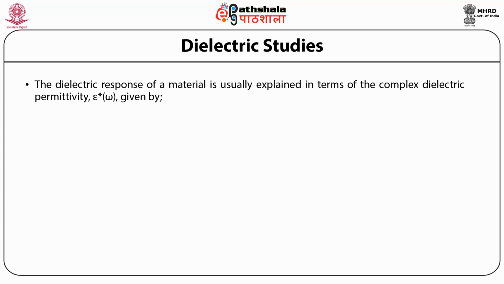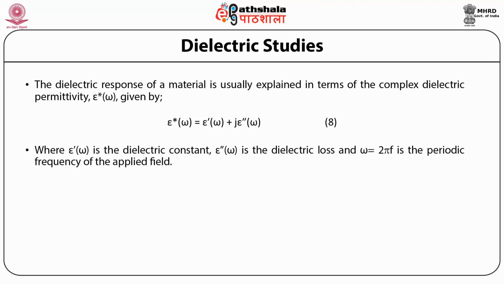The dielectric response of a material is usually explained in terms of a complex dielectric permittivity, epsilon star of omega, given by epsilon star of omega equals epsilon prime of omega plus j times epsilon double prime of omega, where epsilon prime of omega is the dielectric constant, epsilon double prime of omega is the dielectric loss, and omega equals 2 pi f is the angular frequency of the applied field.